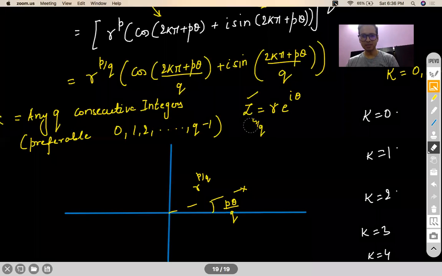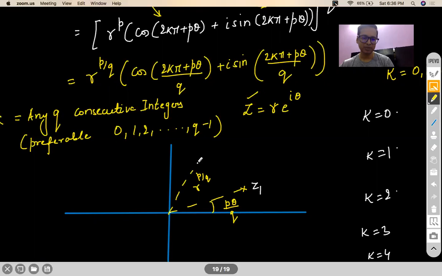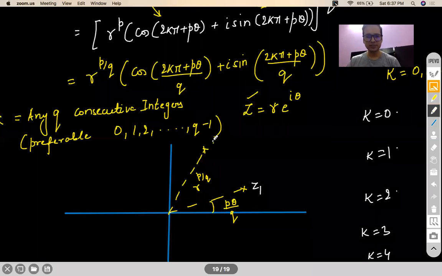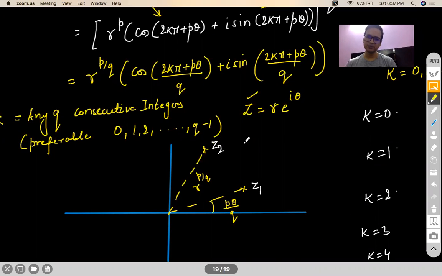Okay. And the subsequent roots, let's say I call this Z1 root. The subsequent root will be located again at the same distance, which is r to the power p by q. So let's say Z2 is located here. Again at the same distance of r to the power p by q. But now its argument would be more than the argument of the previous by 2 pi by q. So there is an increment. You can say you are rotating it anti-clockwise further by 2 pi by q.